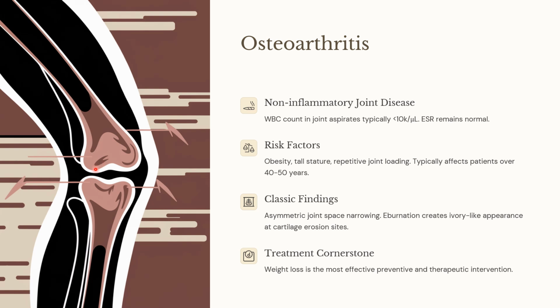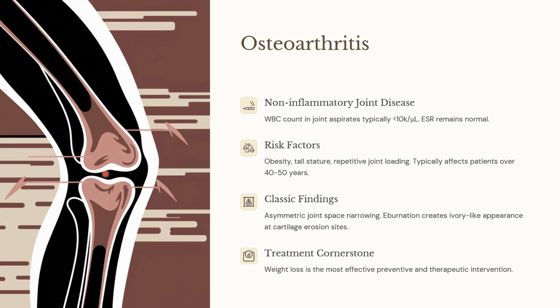Because of the degeneration, there is asymmetric joint space narrowing. The joint space will be narrowed, but it will not be symmetric. Why should it be symmetric? Logically speaking, there will be degeneration depending on the anatomy of the joint, the weight load, our posture, the way we stand and the way we walk.